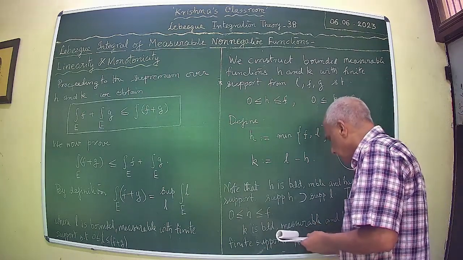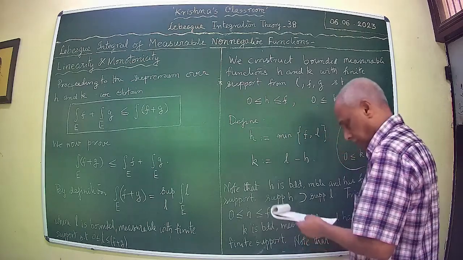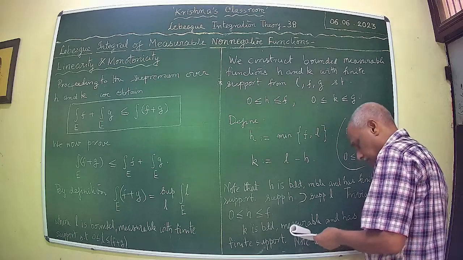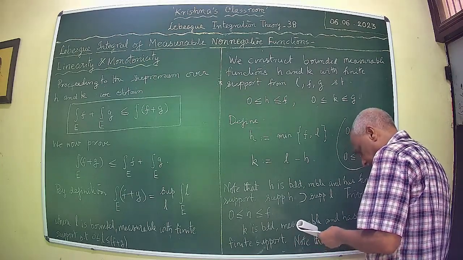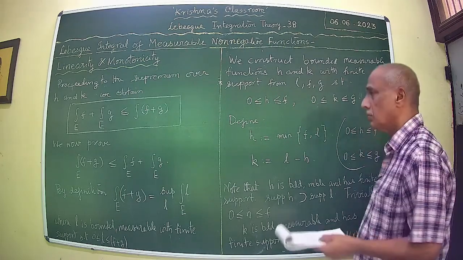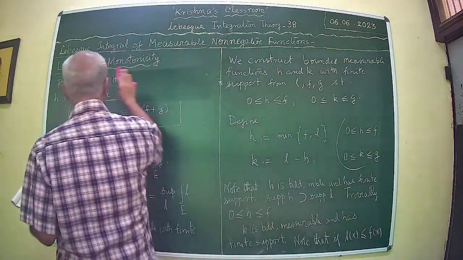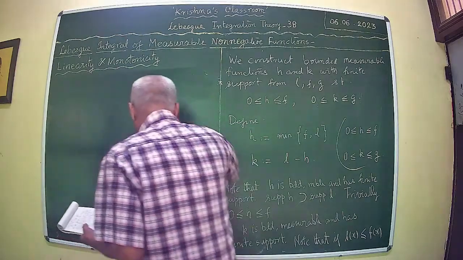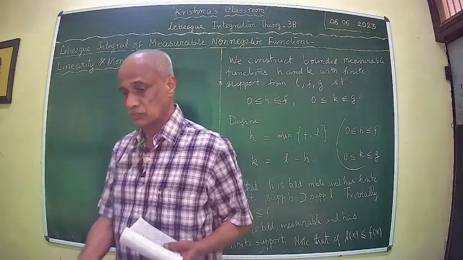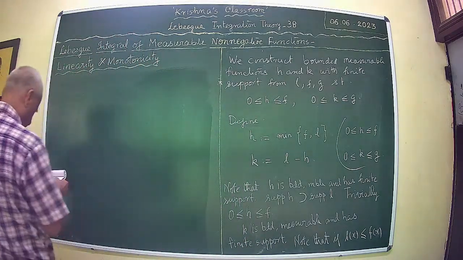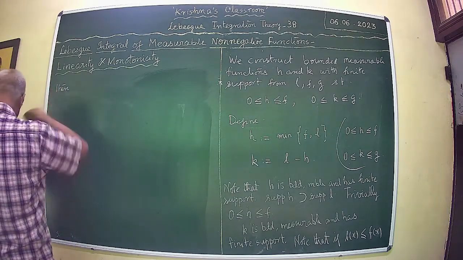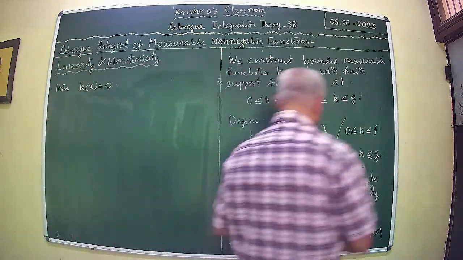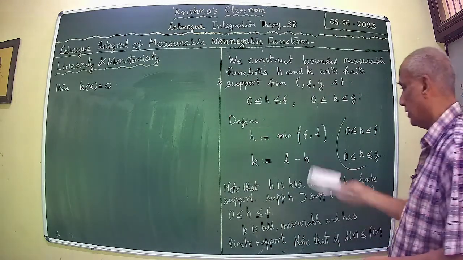So note that if L of x is less than or equal to f of x, then h of x equals L of x, so k of x equals 0.